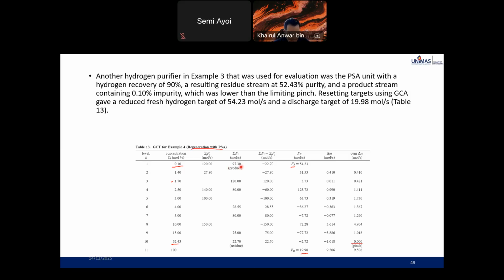Tadi pasal B1 memang pusing. B1 dan tadi 120. 120 plus this is the product from the PSA, this is the residue.